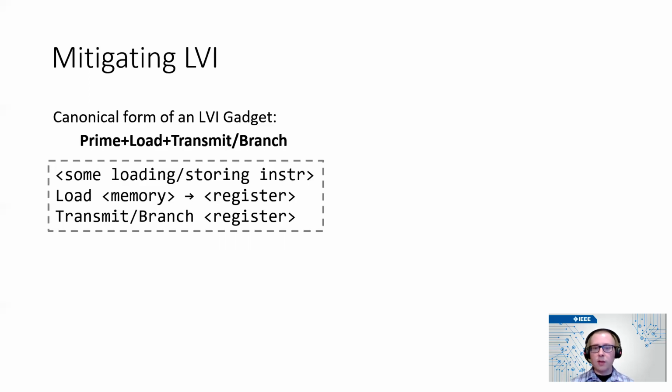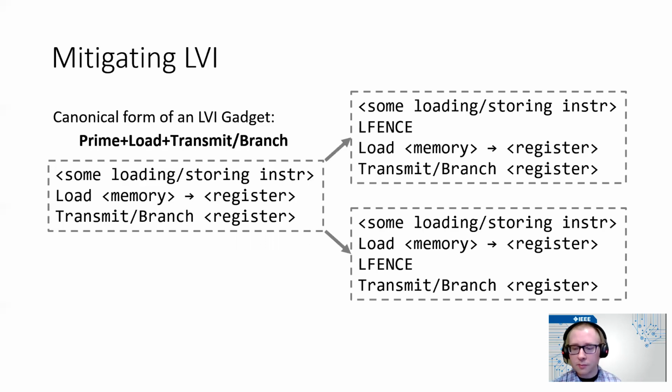Now, if you're at least somewhat familiar with speculative execution, you might think that there could be two solutions to mitigate this kind of gadget. Either you could place an LFENCE between the prime and the load instructions, the first and second instructions shown at the top, or between the load and transmit instructions shown at the bottom.